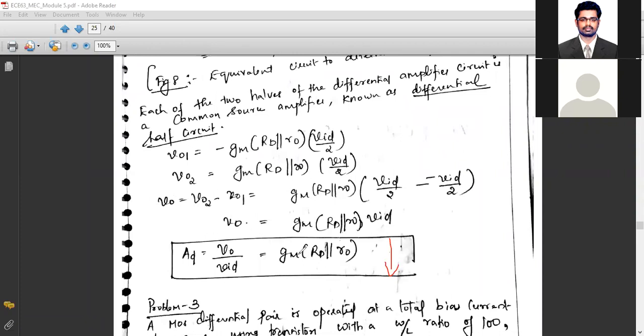The original gain of the differential amplifier will be less if you take the effect of R0. Otherwise, it is more. Clear? Because if you take the parallel effect, the overall magnitude is going to decrease. Numerically, you can substitute the values of RD and R0 and find the change. So after taking the effect of small r0, the differential gain of the amplifier for a double-ended configuration will be less when compared to the previous configuration without R0.